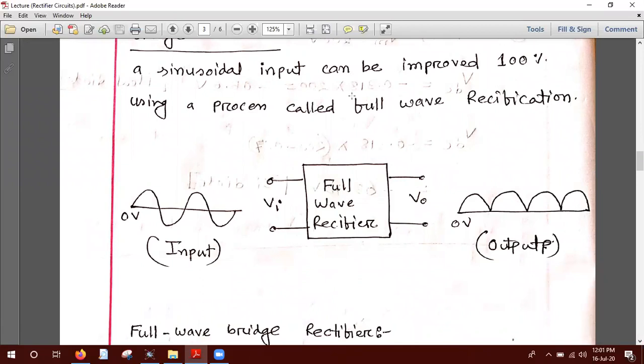The full wave means that in the AC signal, both the positive and negative cycles we get in the output as DC. So that's why it is the full-wave rectifier. This circuit rectifies both cycles of the AC voltage signal. So the output will look like this.